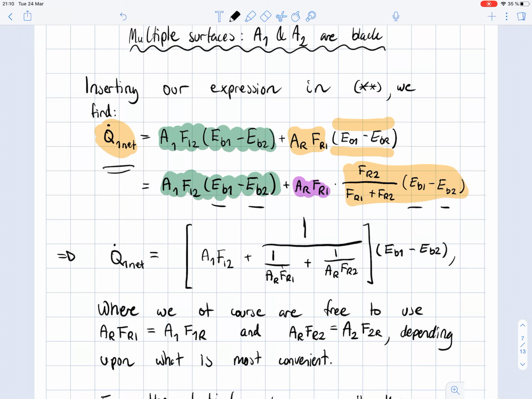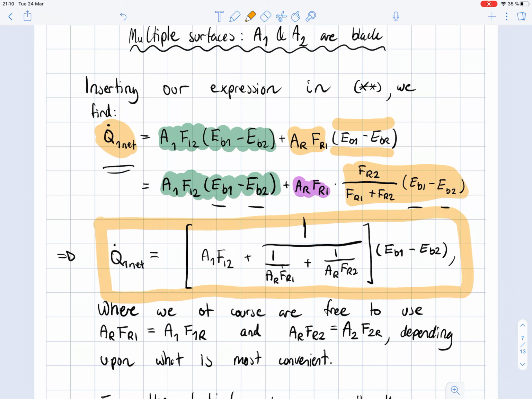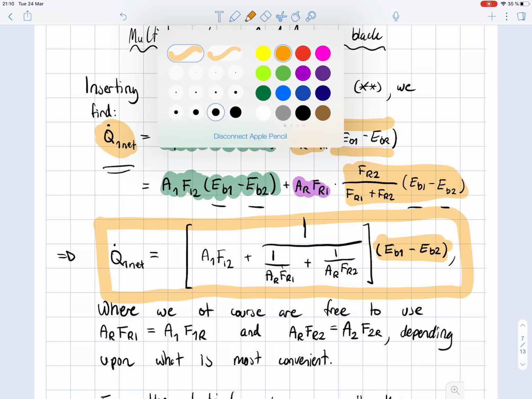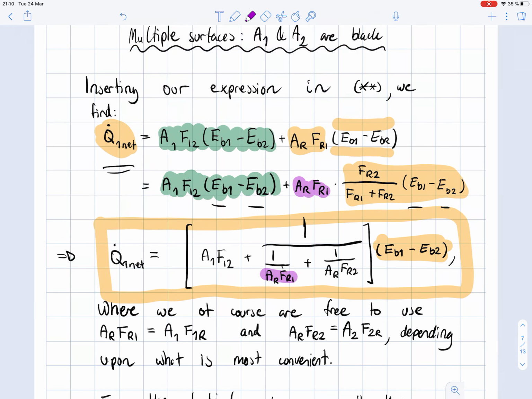So, using some simple manipulations of the expressions, we arrive here, where we have taken out the common factor EB1 minus EB2. And of course, in this expression, we see that we have AR FR1 and AR FR2, and these we are free to interchange with whatever terms that we have available due to the reciprocal relation.